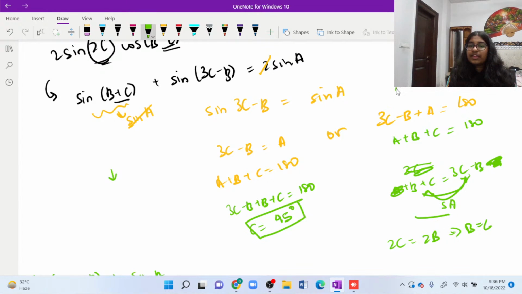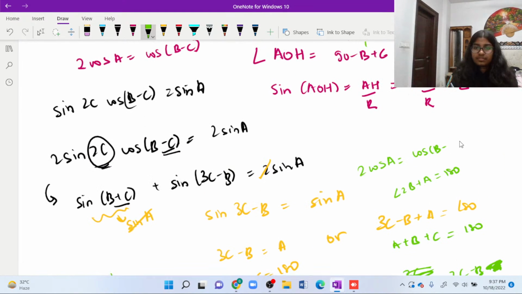So you know angle 2B plus A equals 180. And we also know that 2 cos A equals cos of B minus C. Here, since B minus C is 0, this is 1.